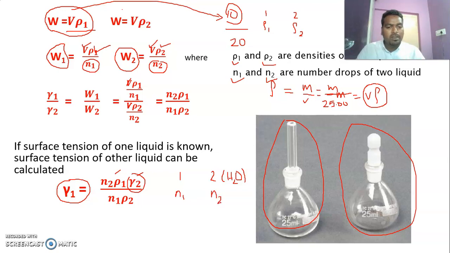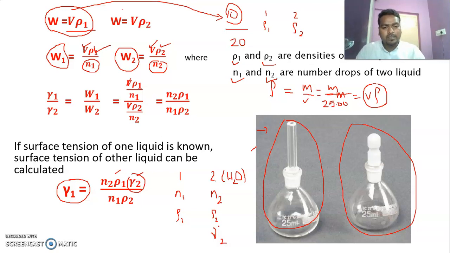The values of N1 and N2 can be identified with the help of the stalagmometer, and the values of density rho 1 and rho 2. The density of water is known, but even though it is known, we are going to determine it with the help of this specific gravity bottle. So the density of the liquid is calculated, and nu 2 is nothing but the surface tension of the given reference liquid.